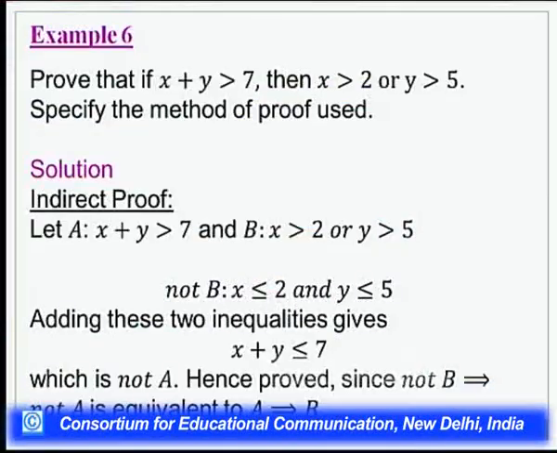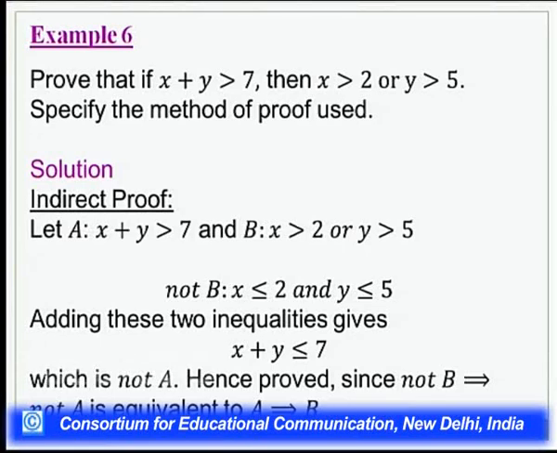I'll just quickly do one more example, which I also assign to my students as homework. Let's suppose I ask you to prove that if x plus y is greater than 7, then x is greater than 2 or y is greater than 5.